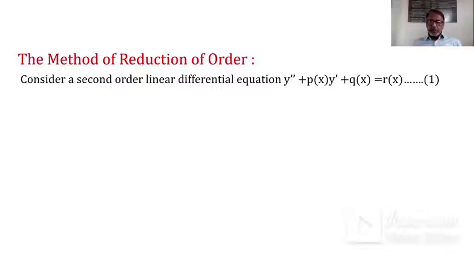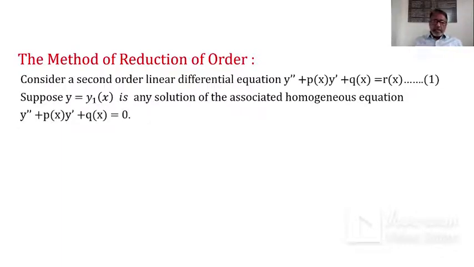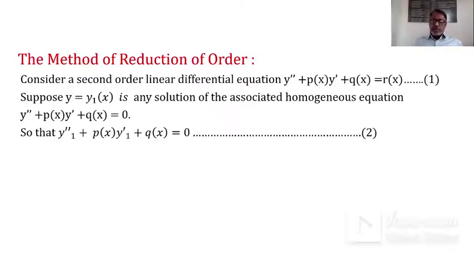Now here we assume that y is equal to y1 is the solution of the associated differential equation y double dash plus p of x into y dash plus q of x into y is equal to 0. Therefore, y1 satisfies this differential equation, and we get this equation 2.